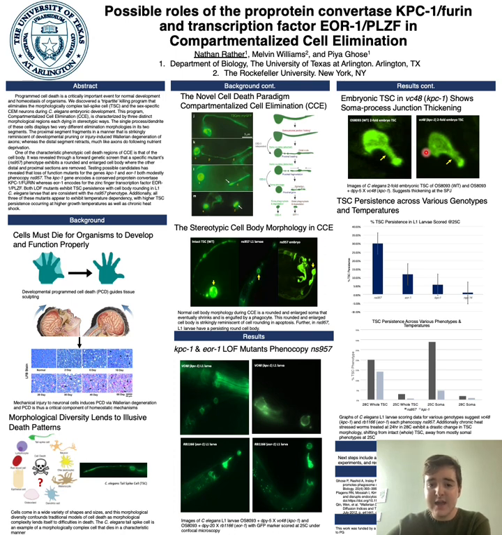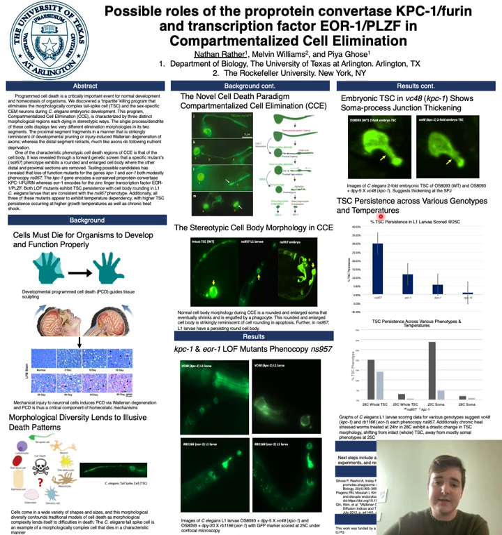It was also found that tail spike cell persistence drastically increases at 25 degrees Celsius as opposed to normal developmental temperatures in C. elegans, which is 20 C. And this was found across all of the genotypes studied here.